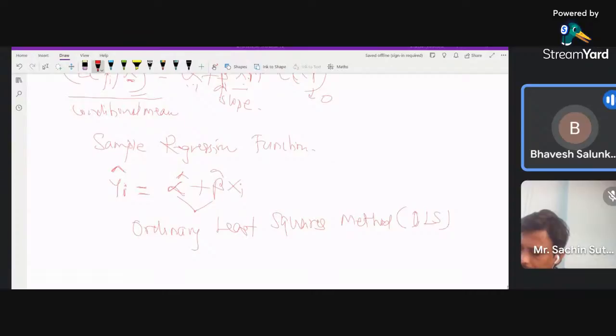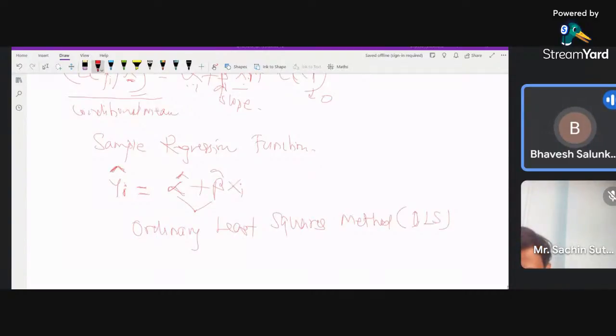So we apply this ordinary least squares method to estimate our population regression function. And once we get estimates for alpha hat and beta hat on the basis of the sample, we predict some value for Yi. This cap indicates the estimate of the predicted value.